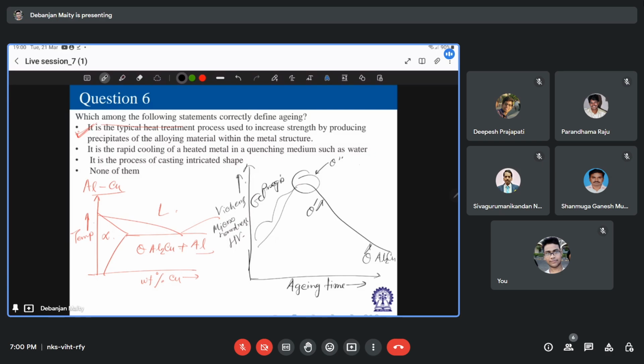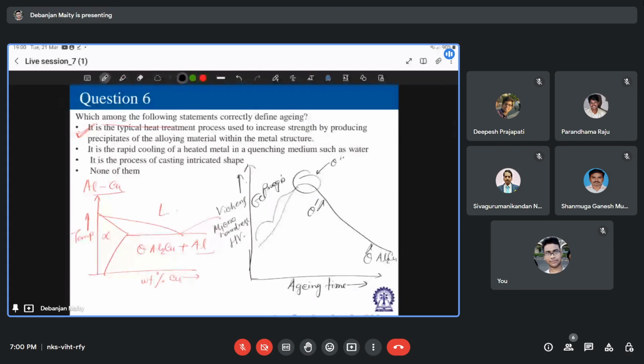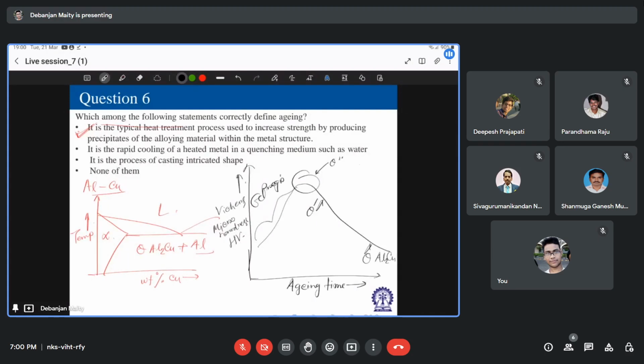Do you remember this? This shows the correlation of this structure with the hardness of aluminum copper, right? The maximum hardness occurs when the amount of this theta double dash or GP2 region is at a maximum, although some contribution may also be provided by the theta dash precipitates.